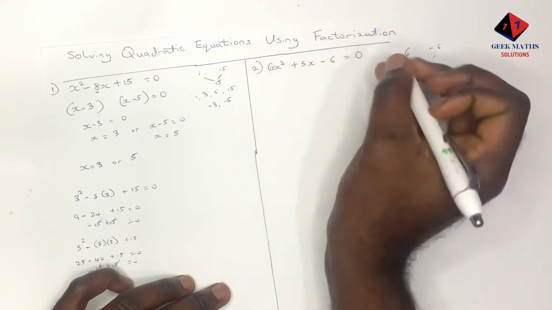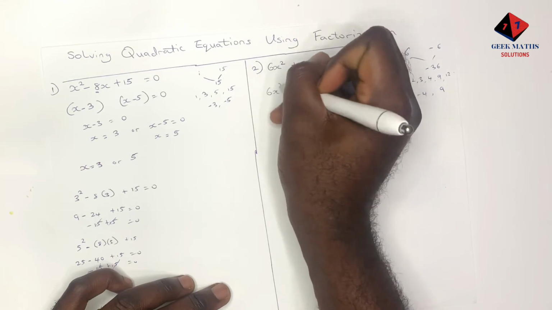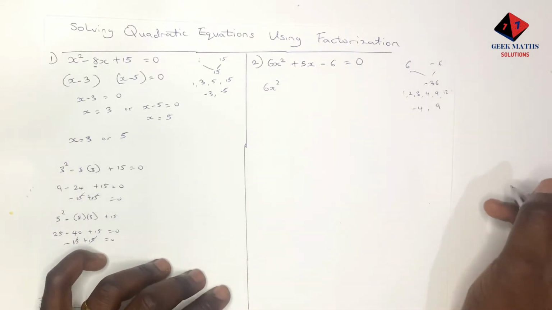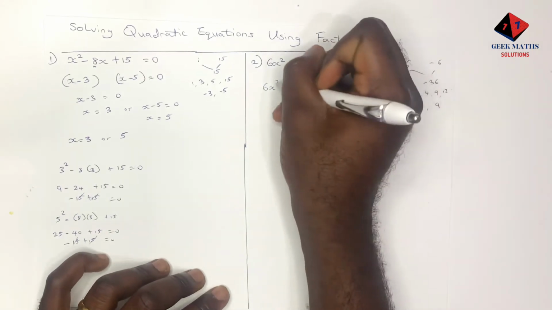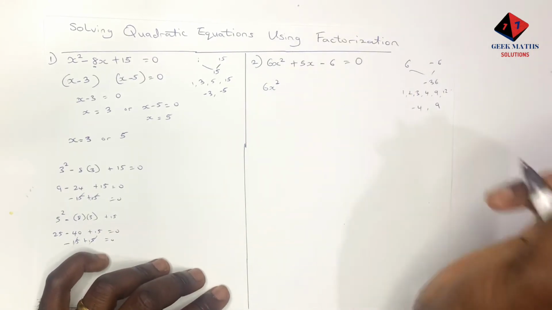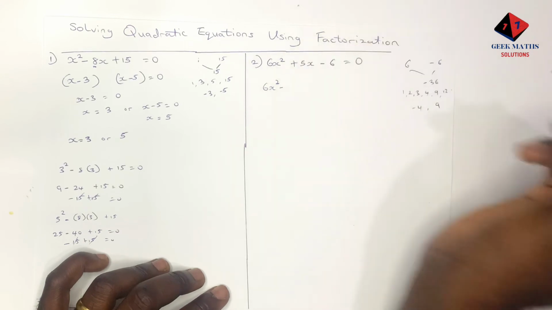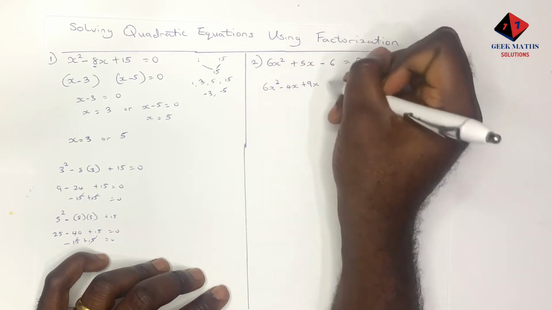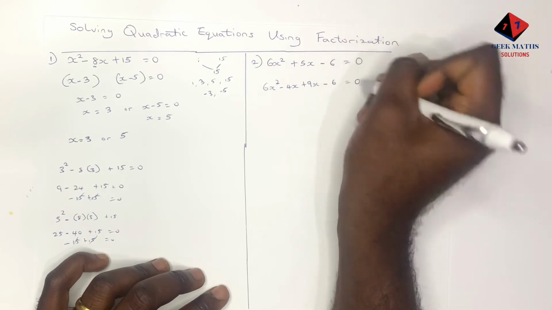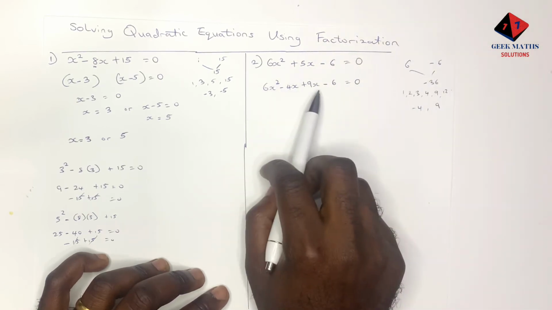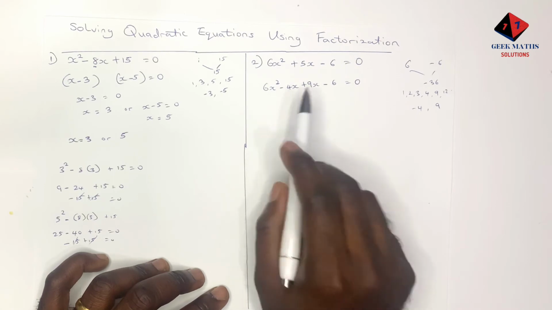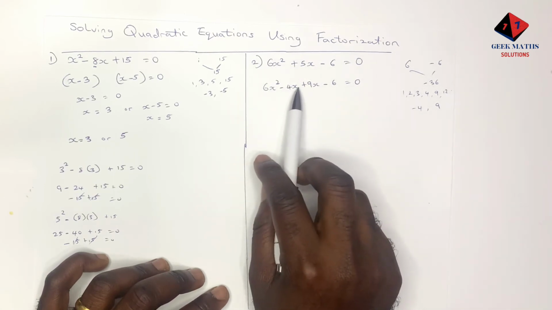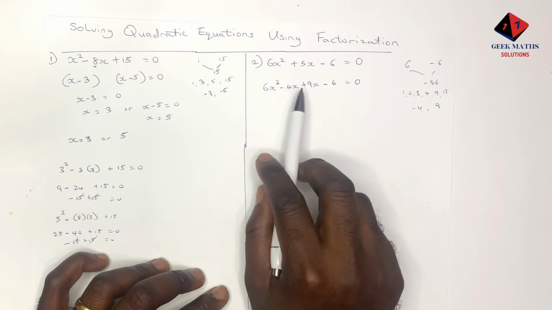So you write this equation as 6x squared minus 4x plus 9x minus 6 is equal to 0. Now we can factorize this equation, so we separate them into two terms each.